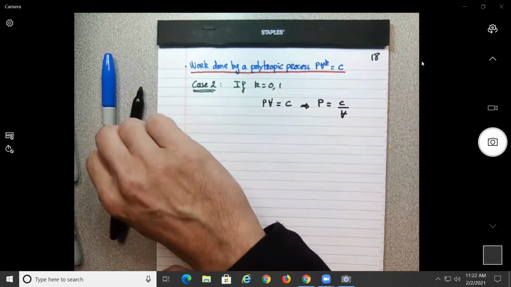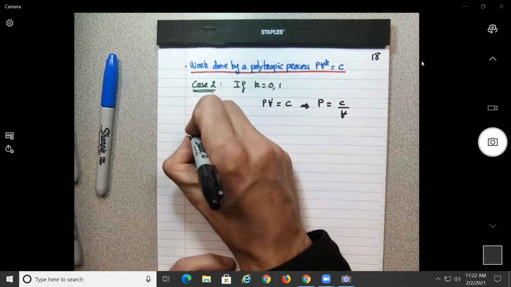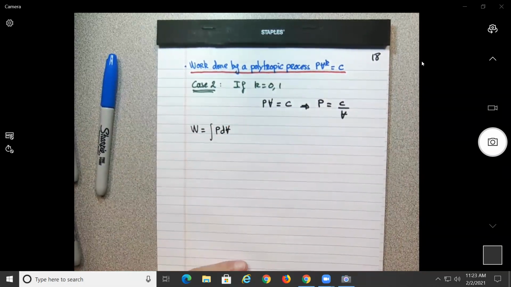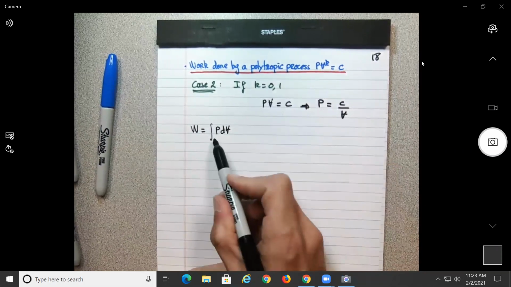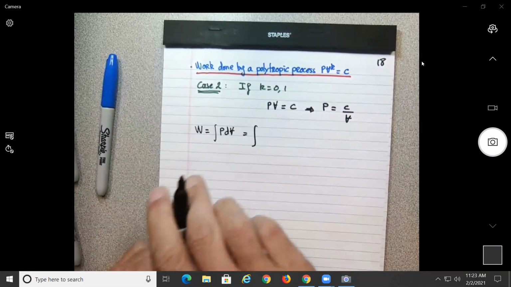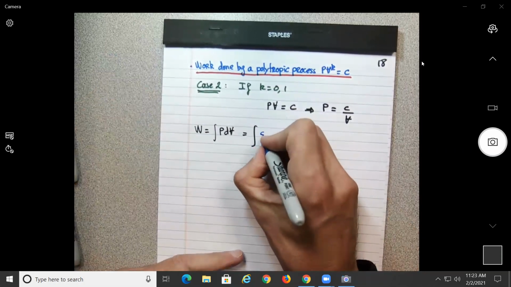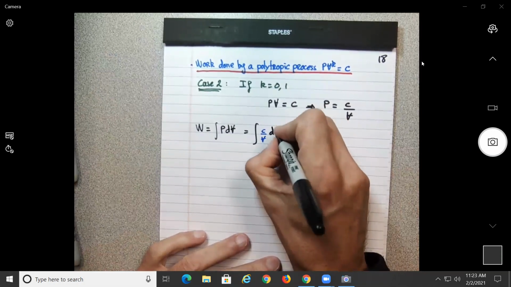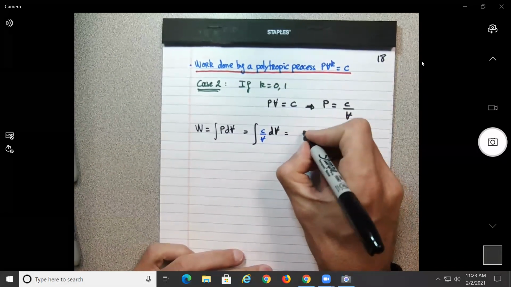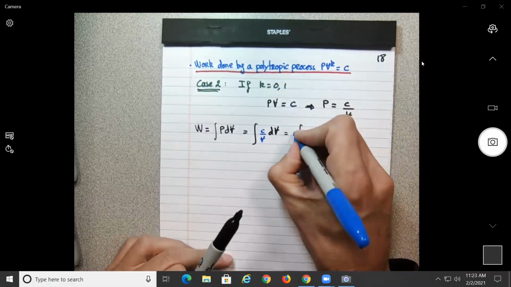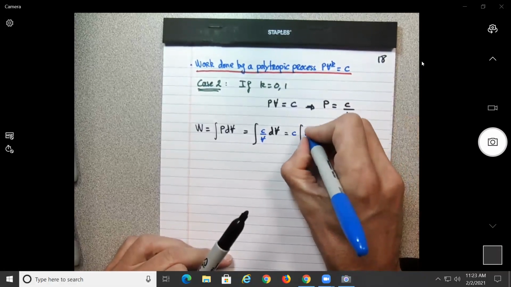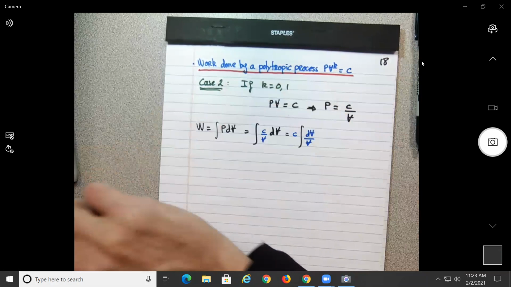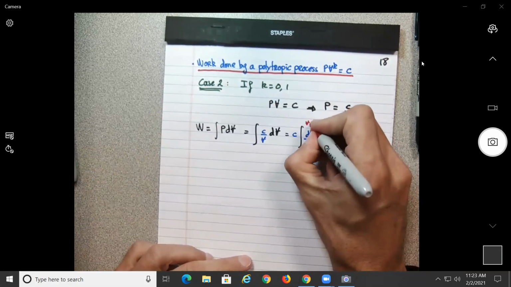All right? So now we go back to the equation that the work done by the pressure is equal to the integral of P dV. So we substitute the P over here, so we get integral of C over V dV, or let's just write this as C dV over V, and let's say limits of integration would be V1, V2.